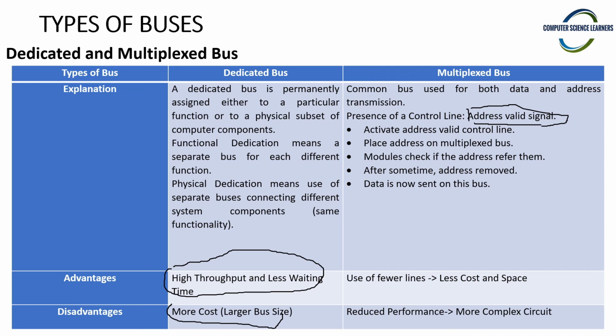With multiplexed bus architecture we have fewer lines, so less cost and space is required for the overall setup of the bus. But what is the disadvantage, or limitation? The overall performance of the system would be reduced, and we need a more complex circuit for maintaining this architecture.